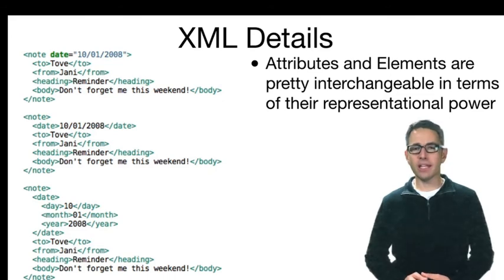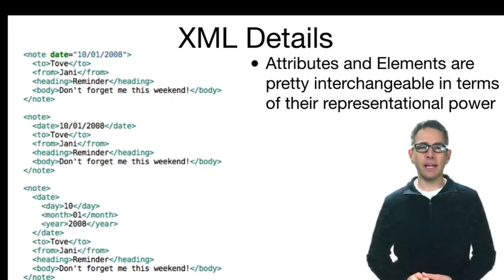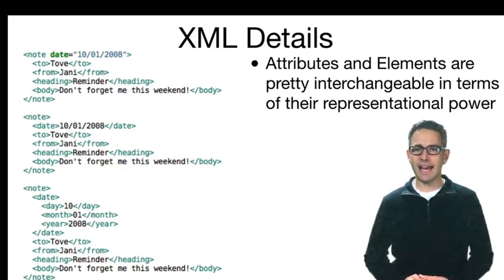Or we could push that down and make the date attribute become a date tag, whose text value is 10/1/2008. Or maybe we could push it down even further and split up that date data into children tags of the date tag, whose names are day, month, and year, and then put the data itself within each one of those sub-children.